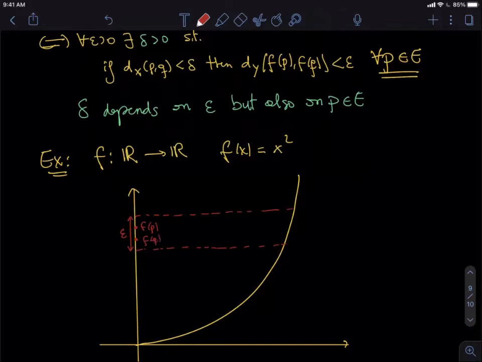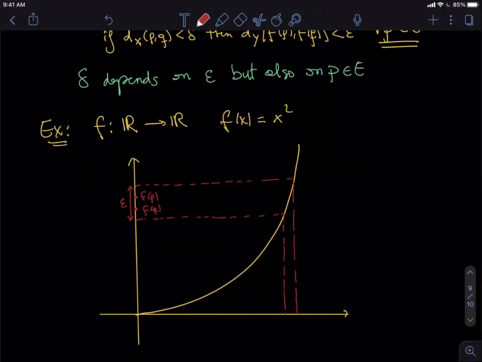We can somehow send that back to the pre-image, and what we get is that P and Q are within a distance of delta. Okay, so we have our PQ in this tiny space.